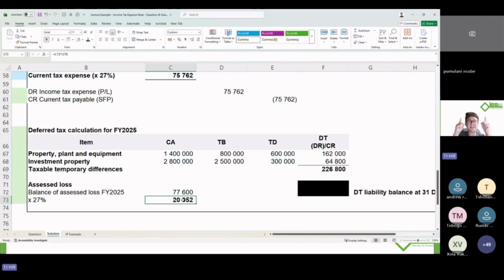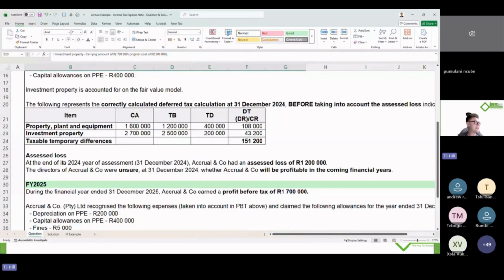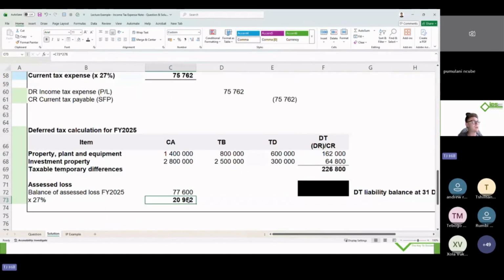I need to ask myself a question. Will there be sufficient future taxable income? Well, they didn't actually say here, but it didn't matter what my answer was, because that is much higher than that one. So I can recognize a DT asset of 20,952.